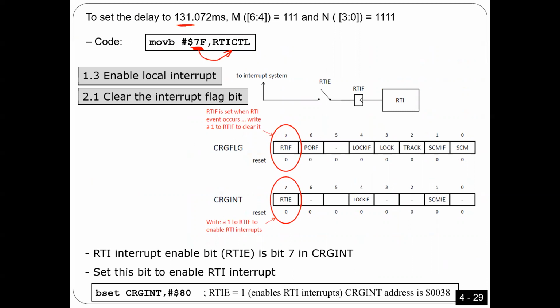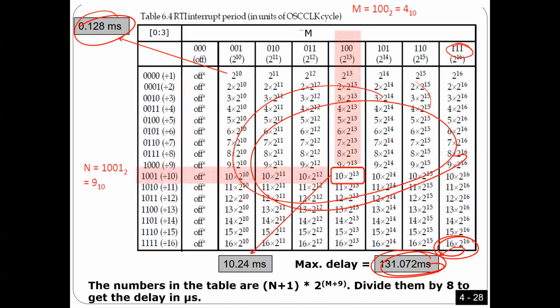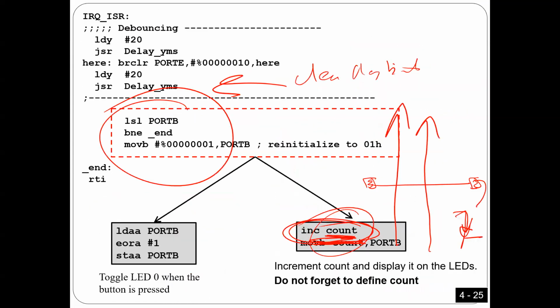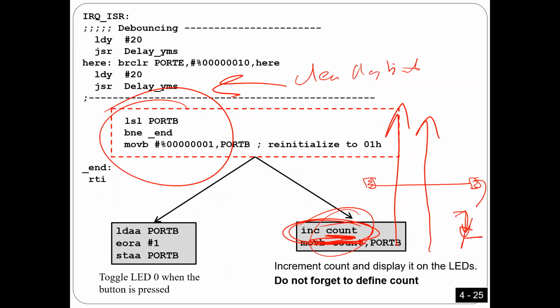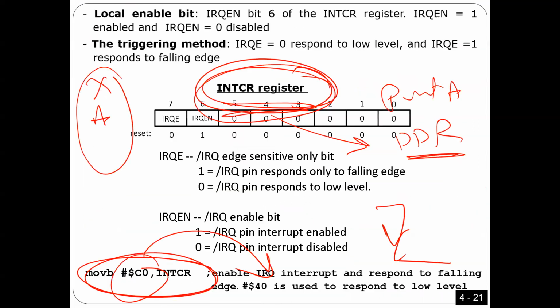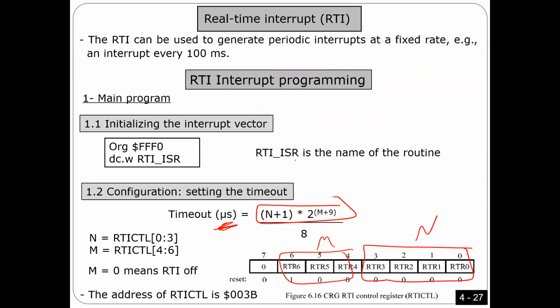Any questions? Okay, great. Number 2, I have to tell you where the enable bit is, the local enable bit. In IRQ, the configuration bit and the enable bit were in the same register just by accident, right here. But here, they are in different registers.